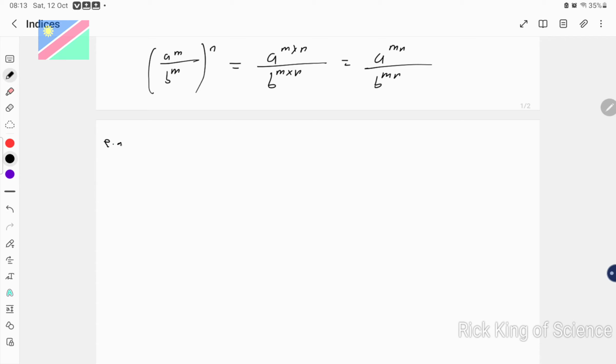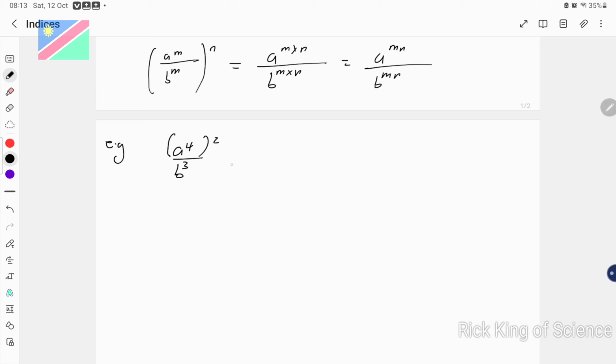Okay, but if I was having something like this, example. Let's say I have a power 4 over b power 3. Then I have something like this, power 2. Now in this case, you can see clearly that the 2 does not include the b.